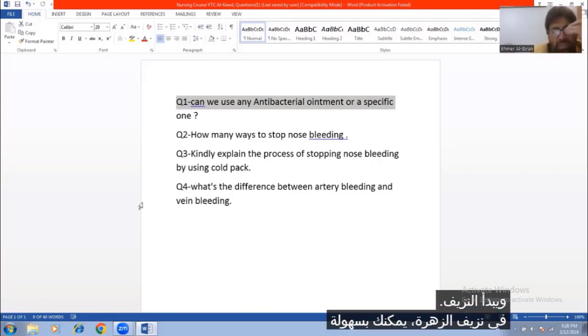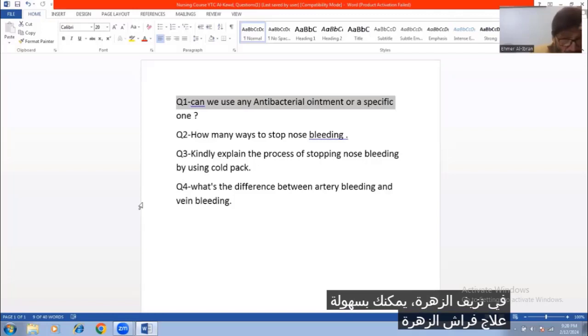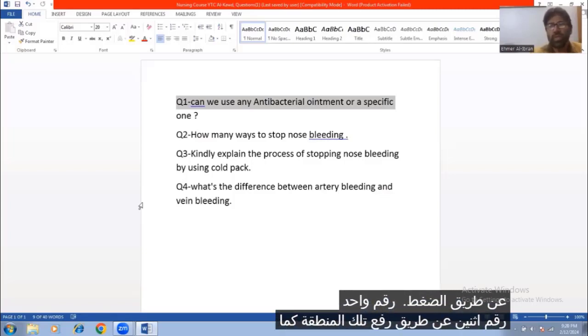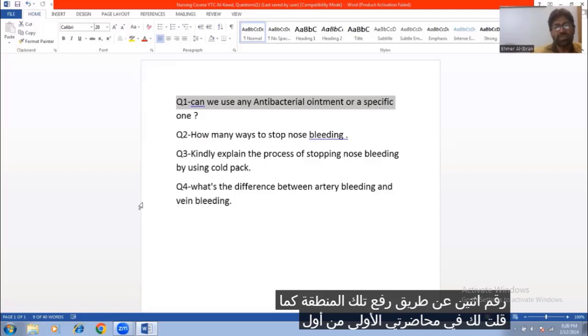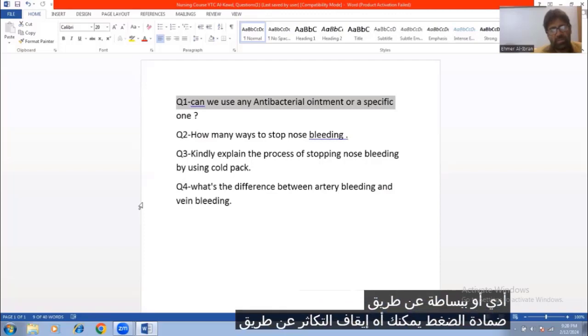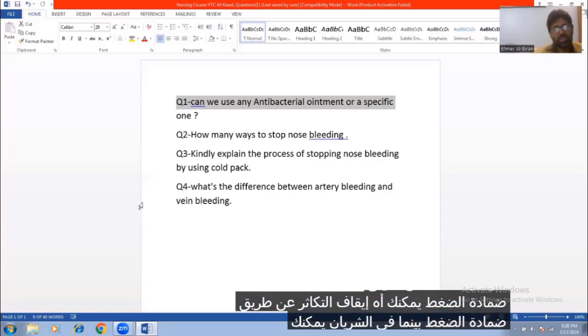In venous bleeding, you can easily treat it by applying pressure, number one. Number two, by elevation of that area, as I told you in my first lecture of first aid, or by a simple pressure bandage. You can stop the bleeding by pressure bandage.